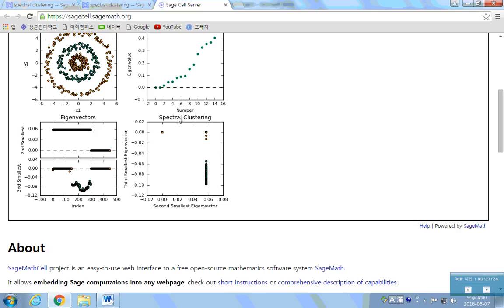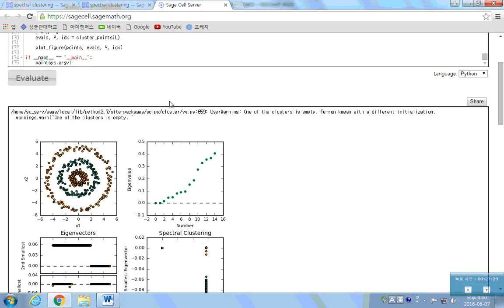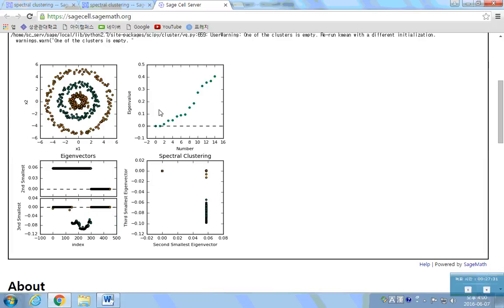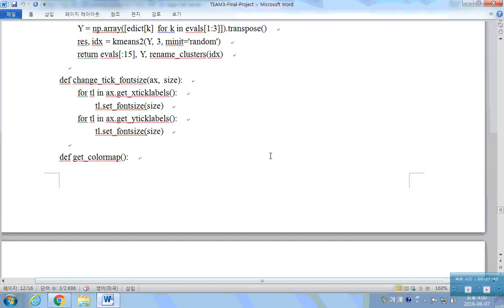In future work, I have to compare this with the normalized Laplacian matrix and compare the results, and maybe in that case our conclusion will be more clear. This is all for this presentation, and thank you, everyone.